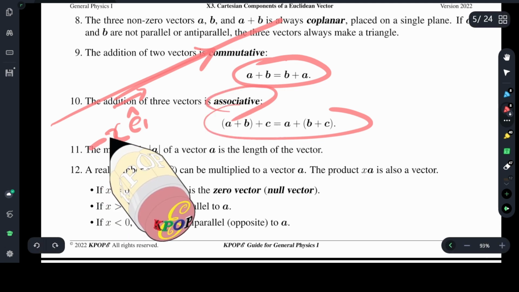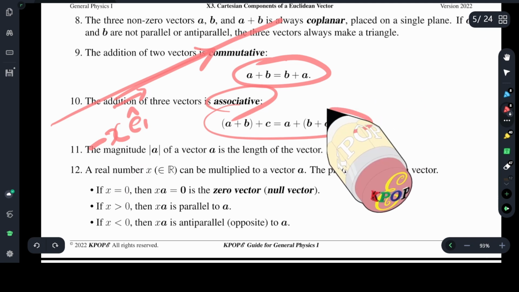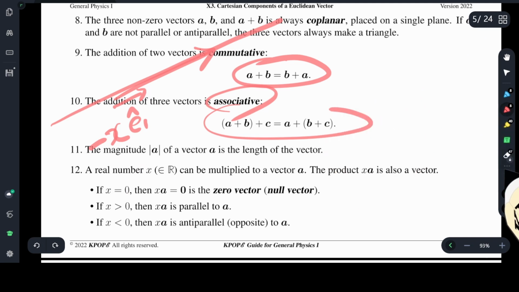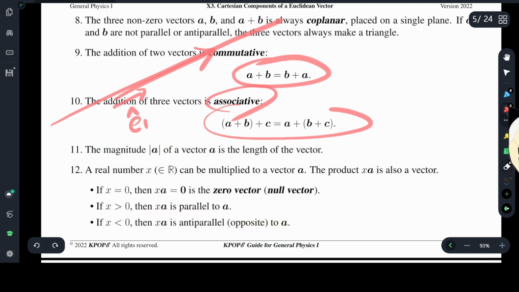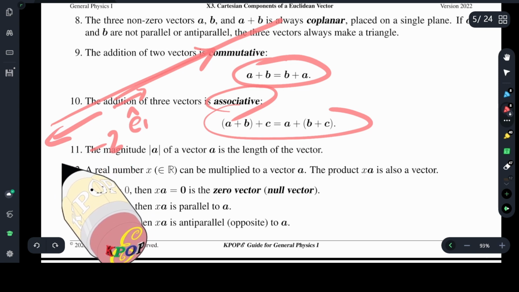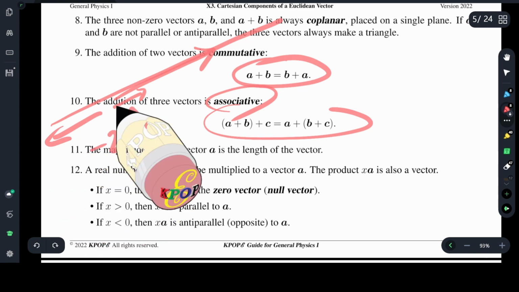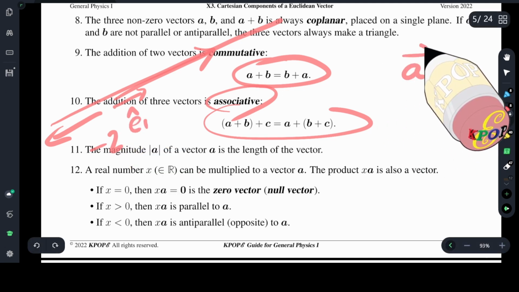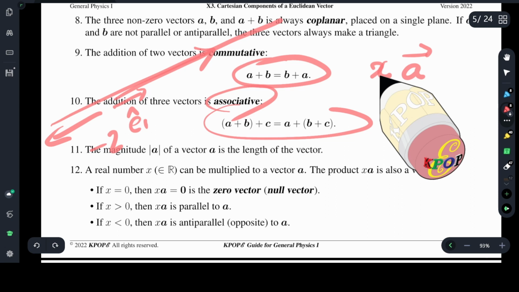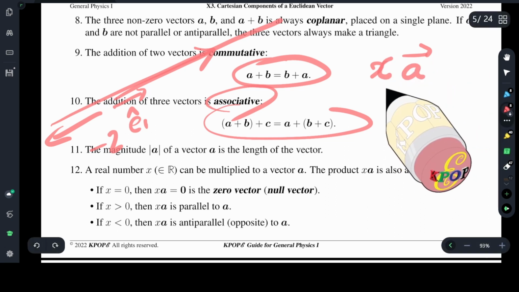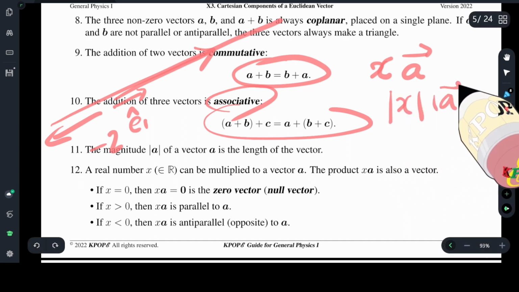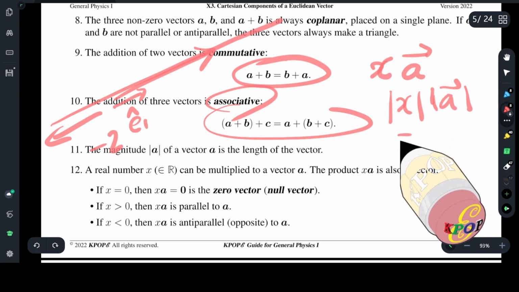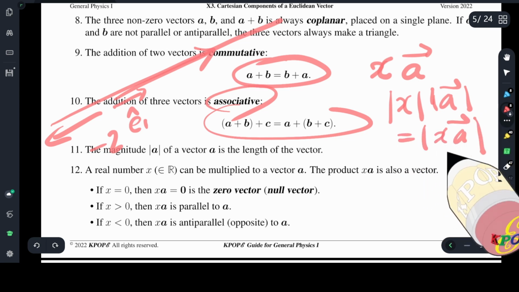If I multiply by a negative number, for example minus 2E, then this one becomes the opposite direction and changes the magnitude. The magnitude of x is multiplied by the magnitude of A to find the magnitude of the resultant vector.